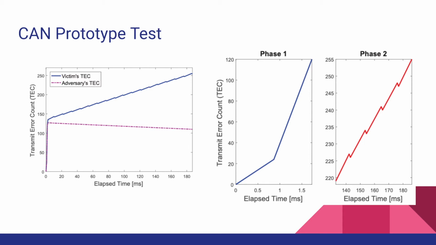In phase two, you can see that the TEC of the adversary declines steadily as it sends good messages and reduces its count by one, whereas the victim's also increases pretty steadily, but at a slower rate. On the right side, we have the transmit error count of the victim. It's important to notice that they both look the same and increase at the same rate. However, notice the x-axis: in phase one, the victim increases its TEC in about 2 milliseconds, whereas in phase two, it took much longer.